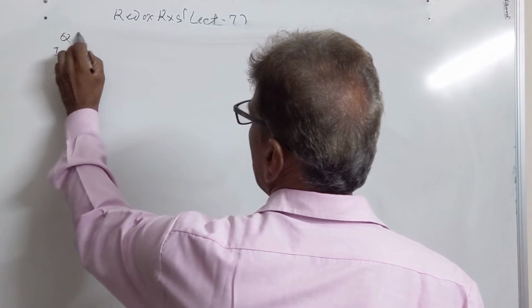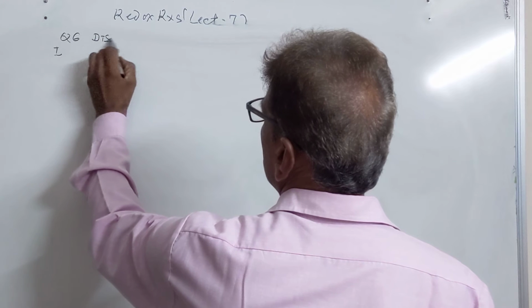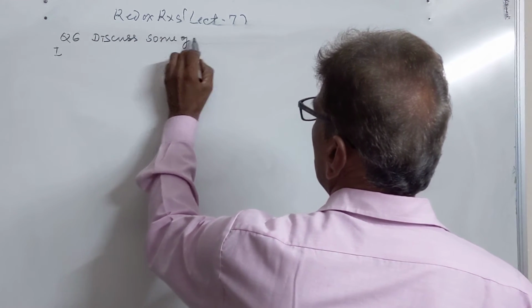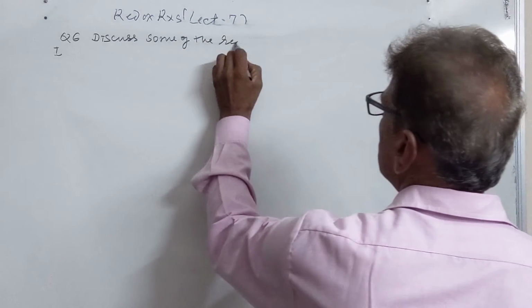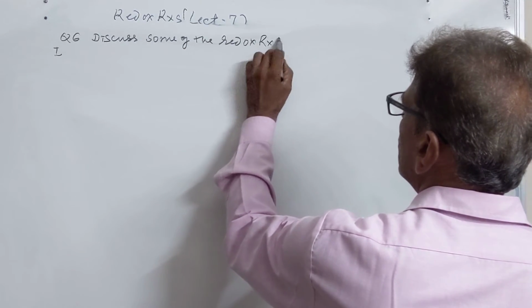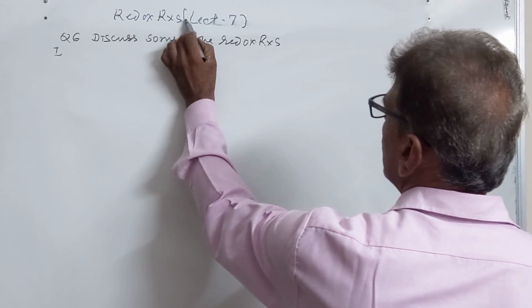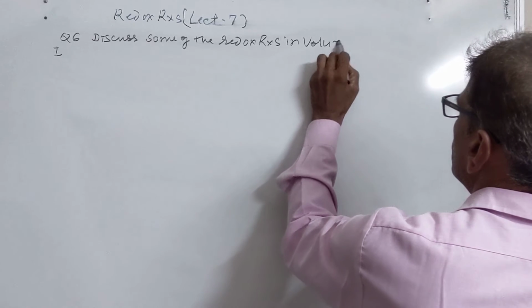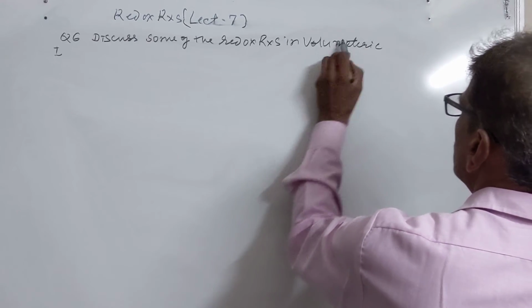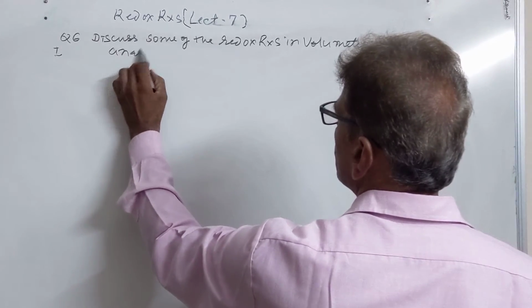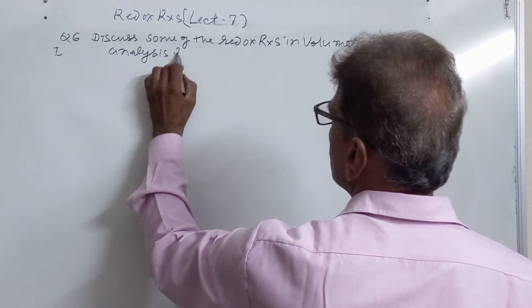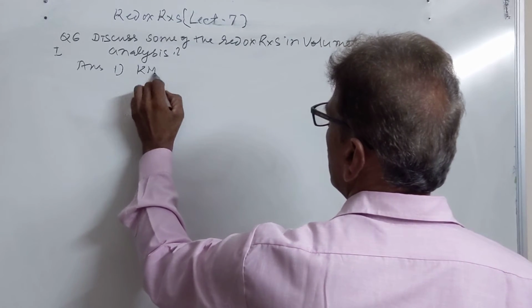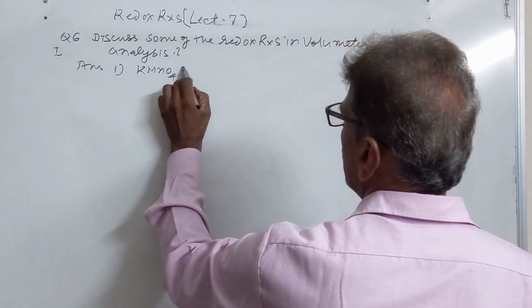So, this question is: discuss some of the redox reactions in volumetric analysis. First of all, we have KMnO4 titrations.